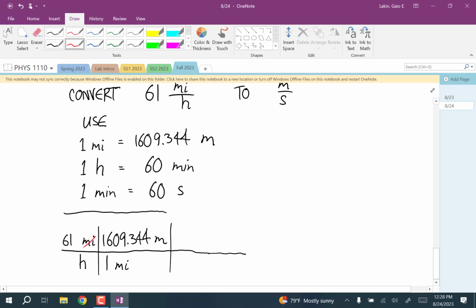And you can see now those cancel, and the only unit of length that we have left is meters. And now we'll go from hours to minutes. These hours are in the denominator, so in our conversion, we want hours in the numerator. So we'll go 1 hour over 60 minutes.